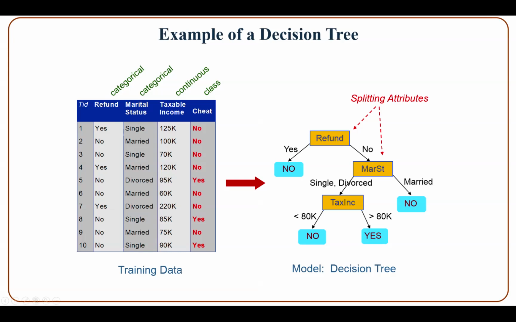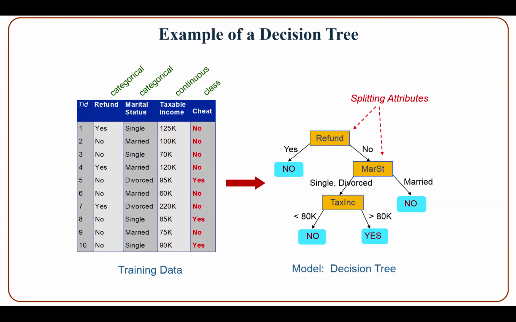The data then can be used to train a decision tree. In this example decision tree, the attribute refund is considered first. At this node, the training set is split based on the values of the attribute refund.